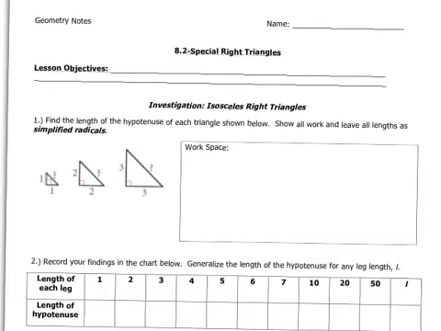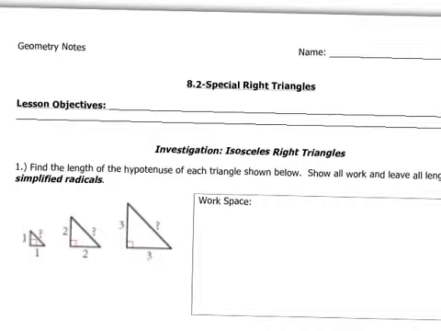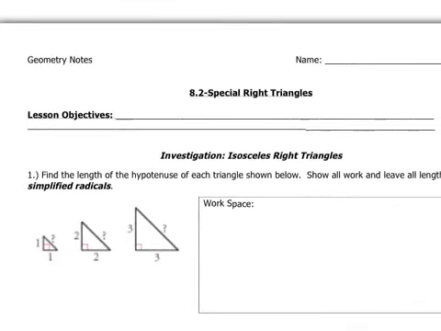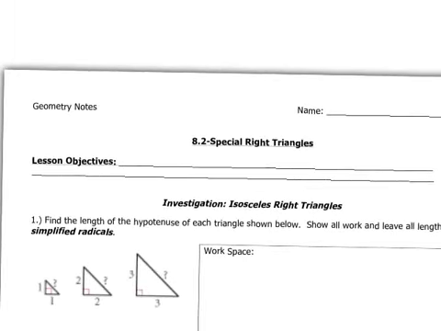What we are going to focus on both today and on Wednesday are what we call special right triangles. There are 2 types, and we are going to do one type today and then the other on Wednesday. So our objective for today is to look at and investigate.